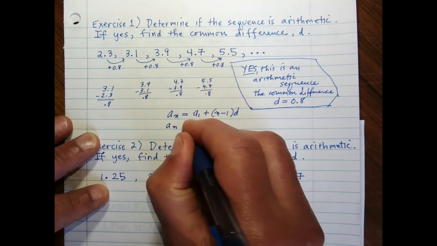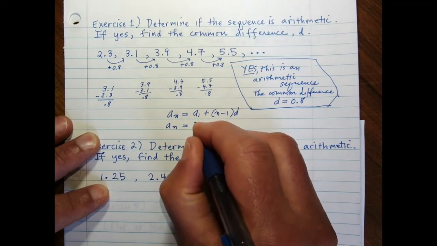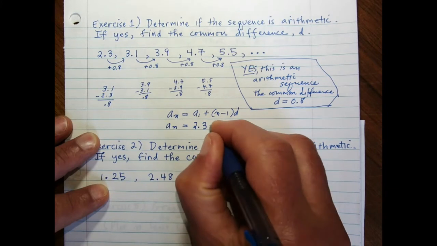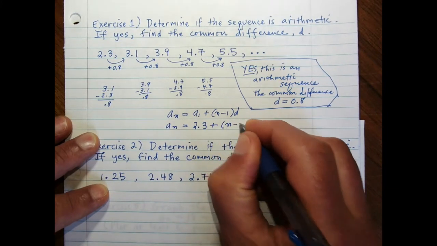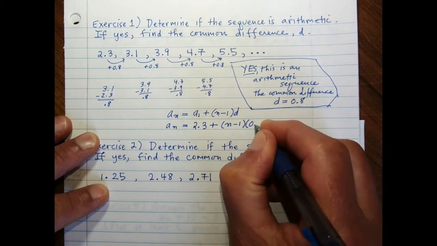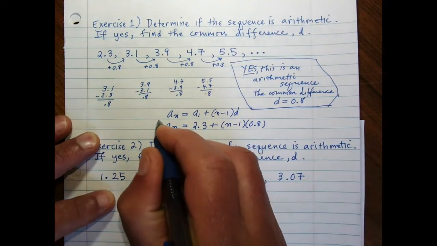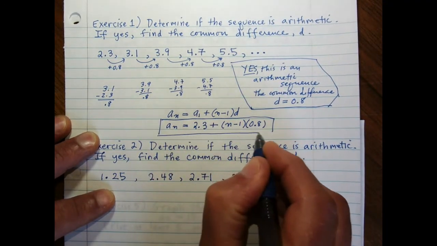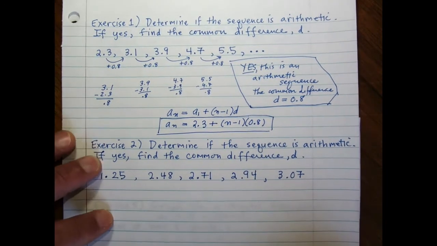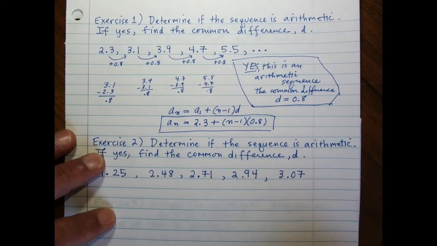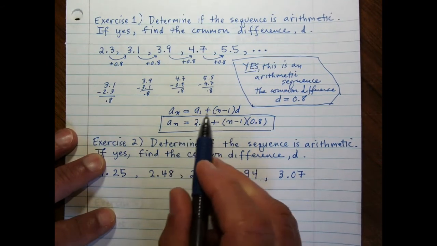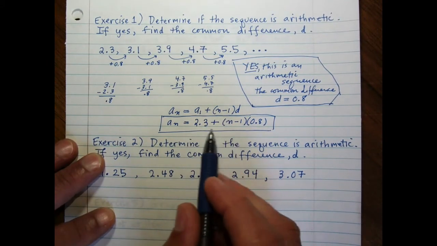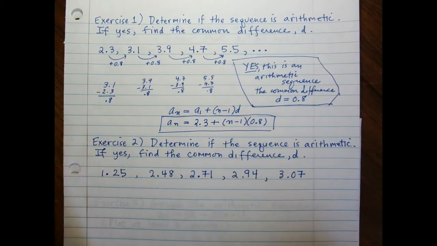In this example, a sub n is equal to 2.3, my first term, plus n minus 1 times the common difference, 0.8. So when you recognize that you have an arithmetic sequence, there's this handy-dandy formula we can use to describe the sequence in general.